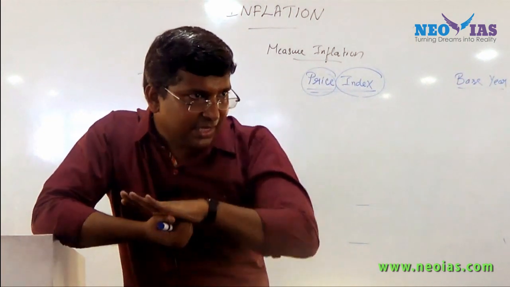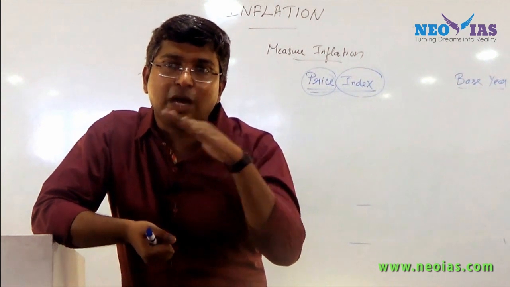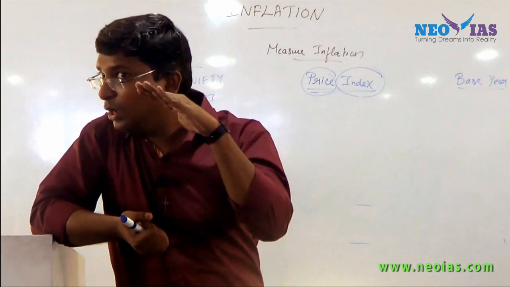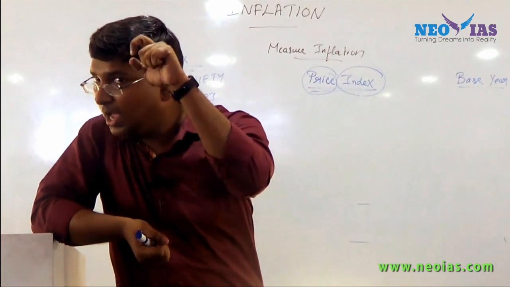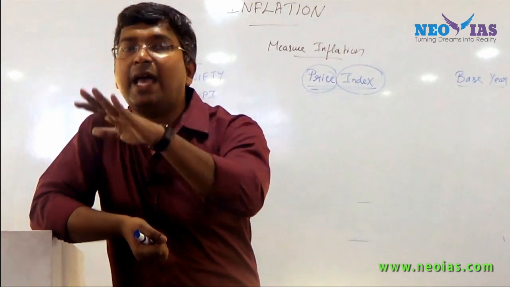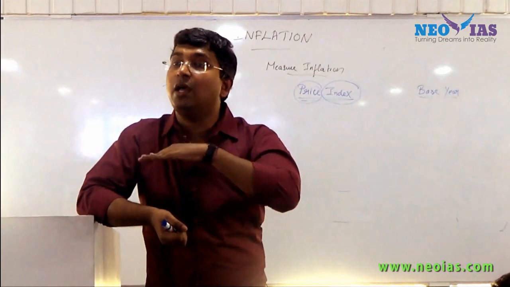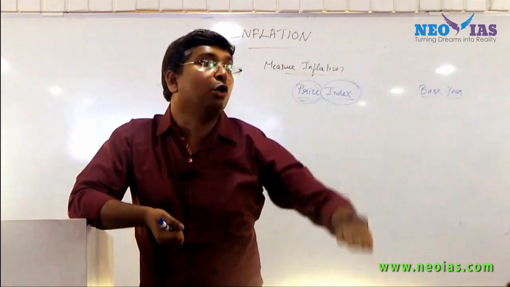So we need a base year for what? To compare the relative change in the price level. When we select a base year, what is the specialty of that year? It has to be a normal year. It can't be an abnormal year where prices are very high or low.